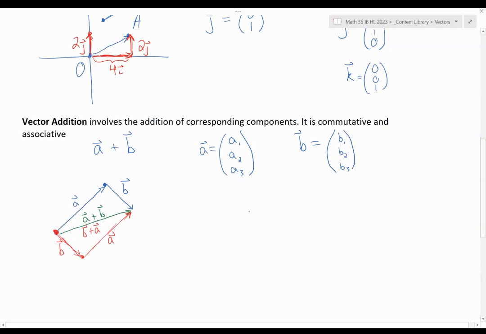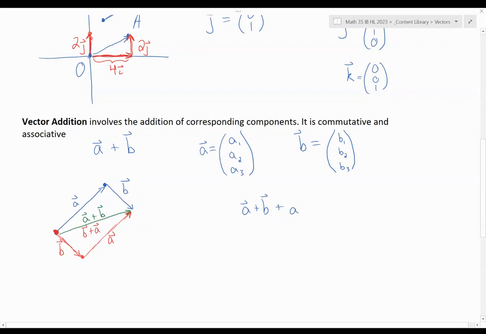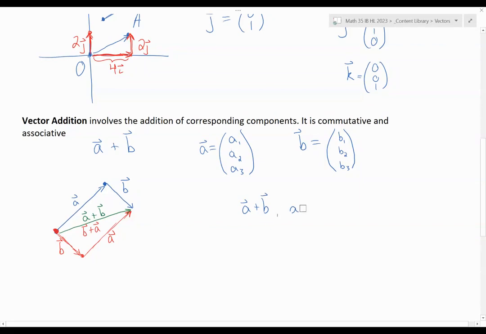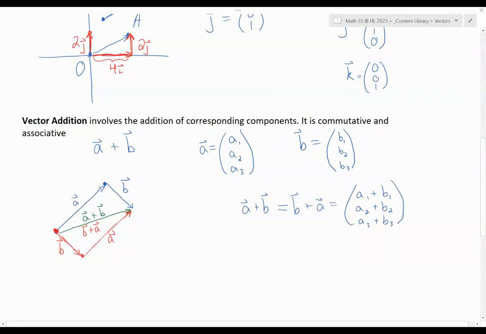And so then the sum of them, A plus B or B plus A, because it is commutative, would simply be A1 plus B1 for the first component, A2 plus B2 for the second component, and A3 plus B3 for the third component. And that is the new resultant vector.